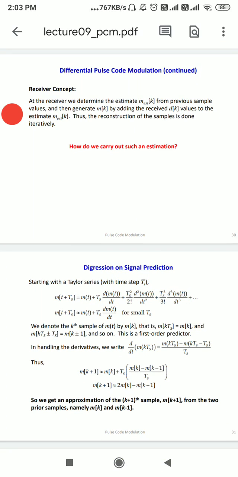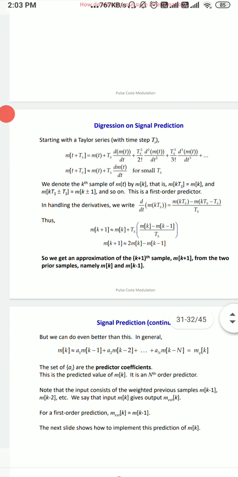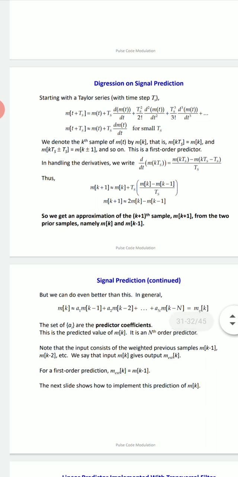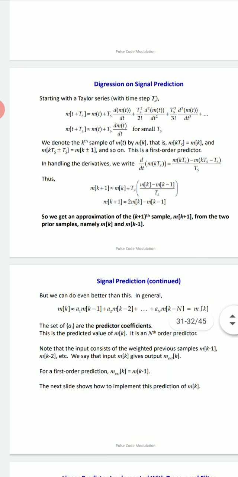Now, when we are supposed to use differential pulse code modulation, we get M of t plus T s approximately equal to M of t plus T s times dm of t upon dt, for small T s.